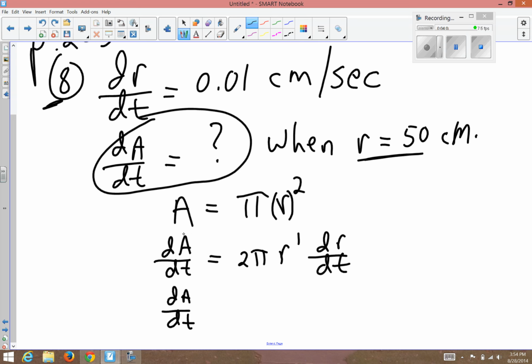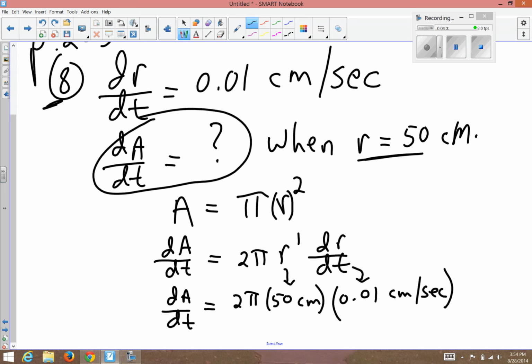If we knew dA/dt, we'd put a number in that spot. Equals 2 pi times 50 centimeters times 0.01 centimeters per second. Okay, so we just plugged in numbers: r with 50 and dr/dt with 0.01.